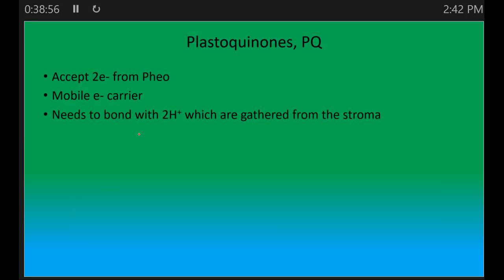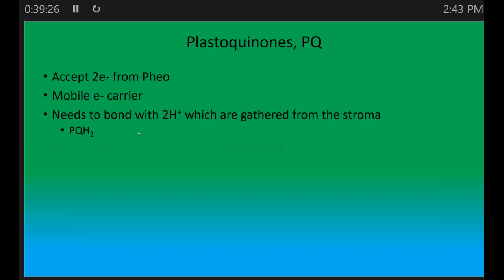This is really important because this plastoquinone grabs protons from the stroma. And when it does that, plus the 2 electrons, then we say it gets fully reduced to PQH2. So this point of it grabbing protons from the stroma, that's another key thing that we need to think about. Okay, that's setting up a nice situation for the plant.